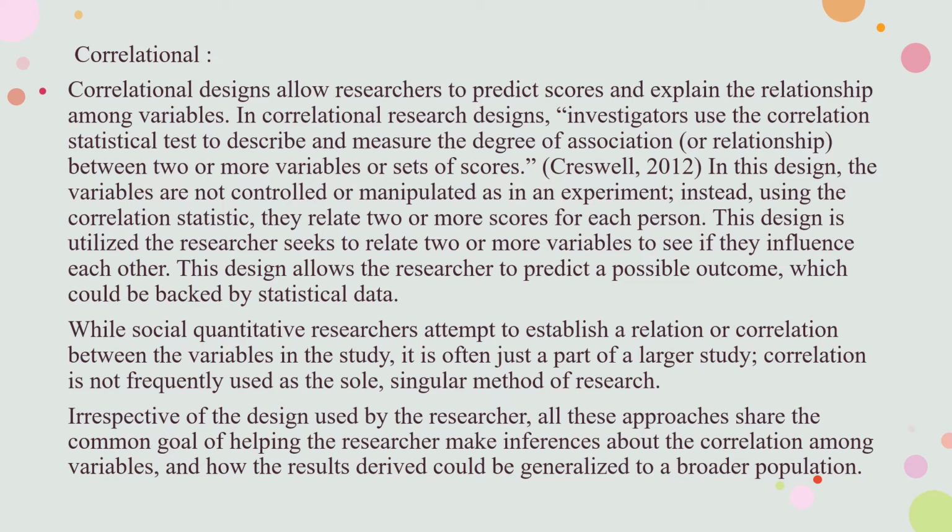Correlation is not frequently used as the sole, singular method of research. Irrespective of the design used by the researcher, all these approaches share the common goal of helping the researcher make inferences about the correlation among variables and how the results derived could be generalized to a broader population.